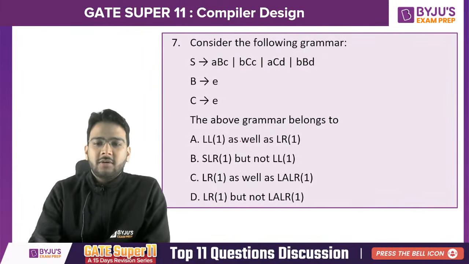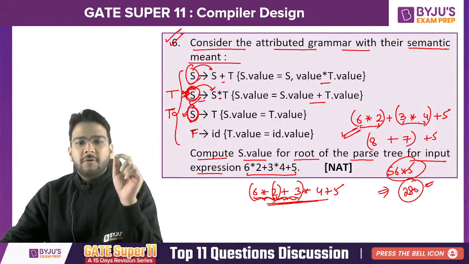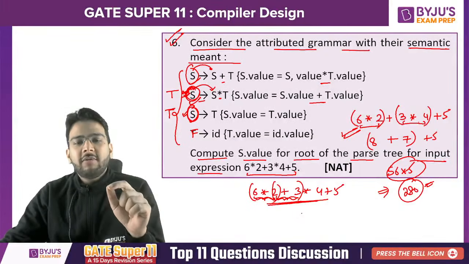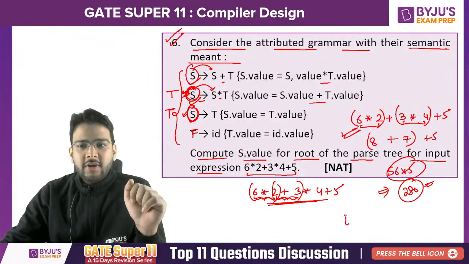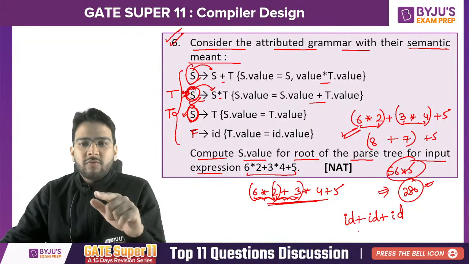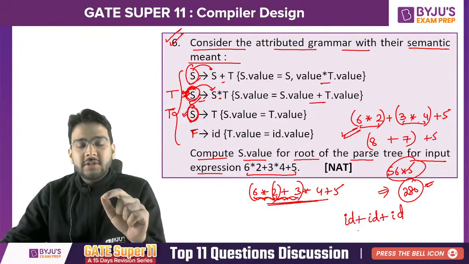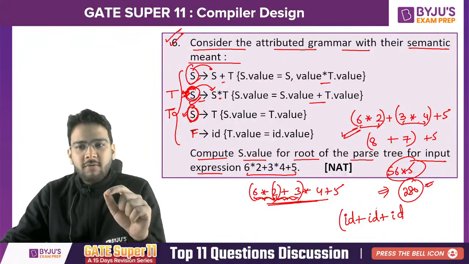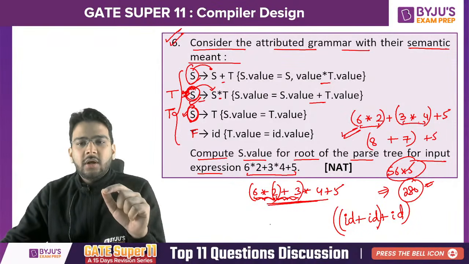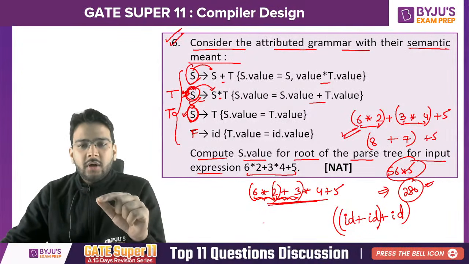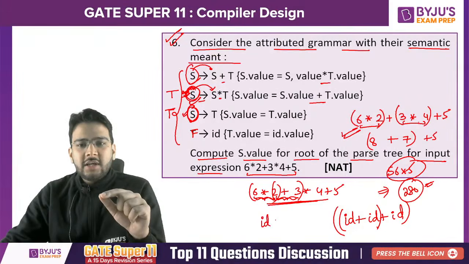Associativity we talk about, see one more thing, let me explain you here. We talk about associativity when we are having the same operator. Let's say you are having id plus id plus id. If this plus is left associative, we are going to evaluate this first and then this one. Clear? Now if we are talking about precedence, let's say we have id star id plus id.